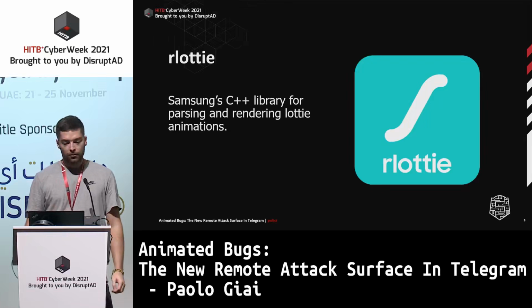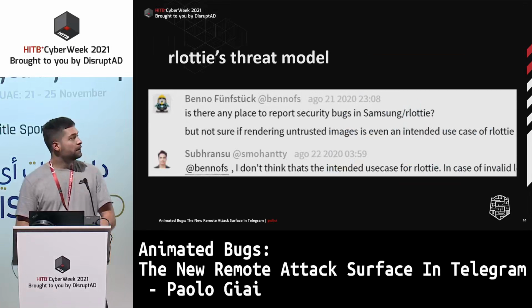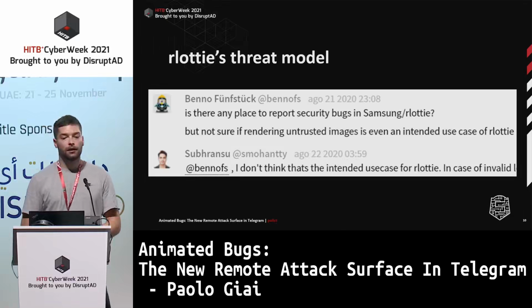An important thing to consider about rLottie is its threat model, since they don't currently track issues stemming from parsing and rendering untrusted images, as in third-party images or animations.